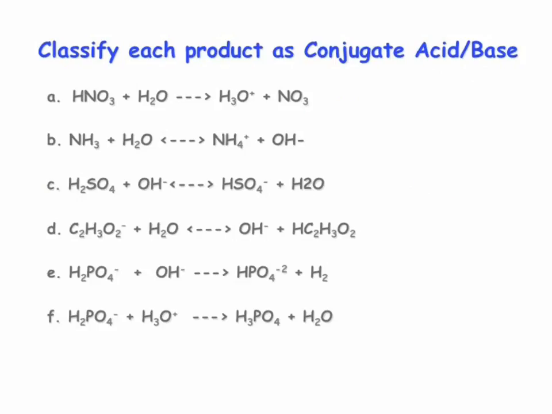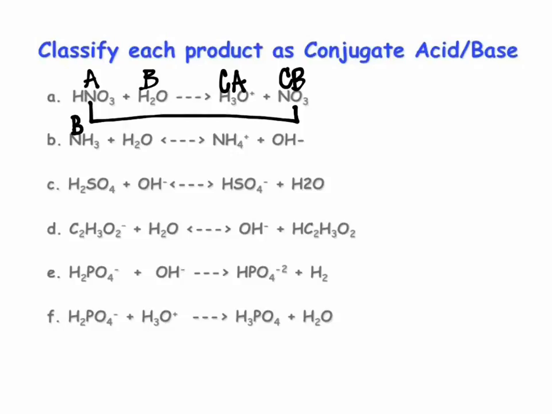So here are the reactions we did a while ago. HNO3 was an acid and H2O was a base. So what is the conjugate base? The acid becomes this, so that is my conjugate base, which means this is my conjugate acid.